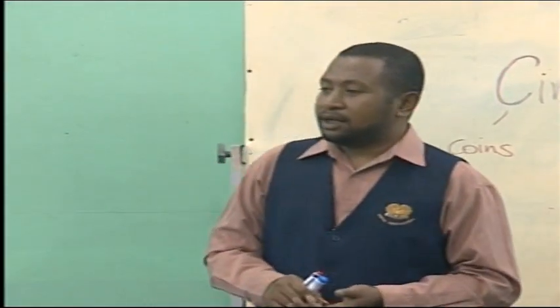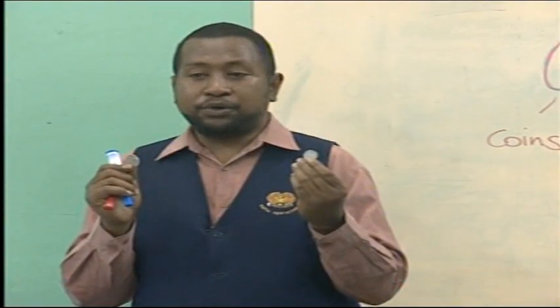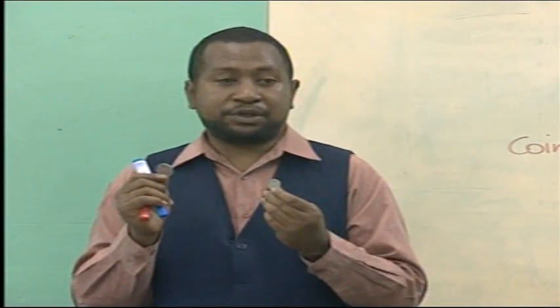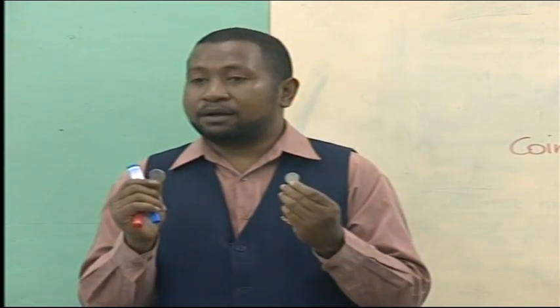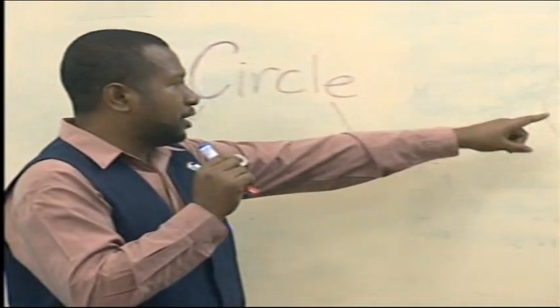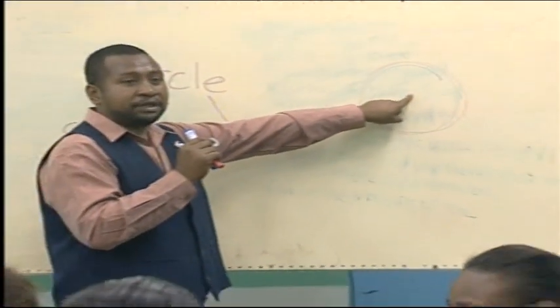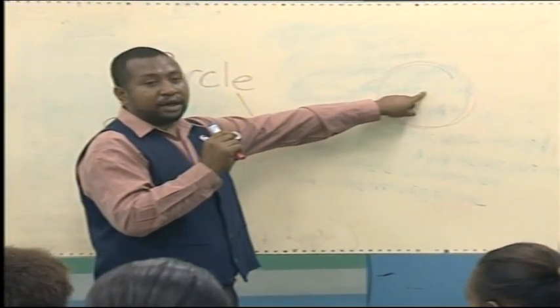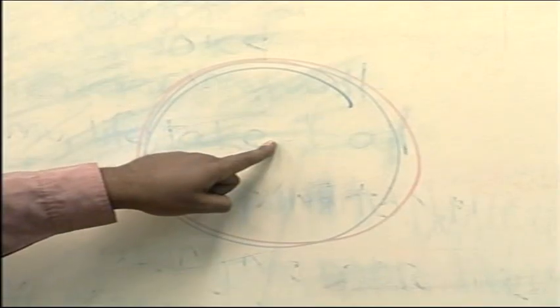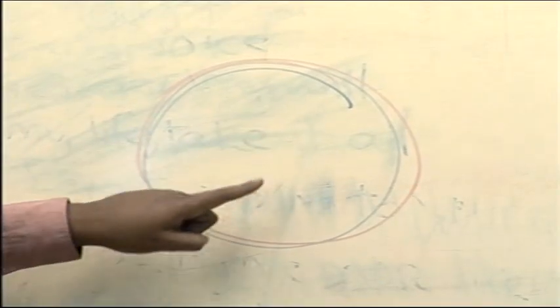Isaac, can I use an object that you have named, like for example, the coins, to draw a circle? Yes or no? Yes. Do you think I will draw a good circle using this coin? Yes. Why? Very good, because it's nicely round. As you can see, the one I drew on the board, I didn't draw the circle properly because I didn't use an object to draw a good circle.